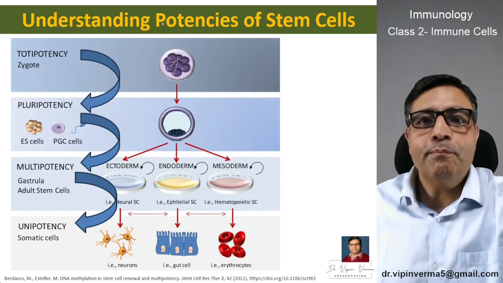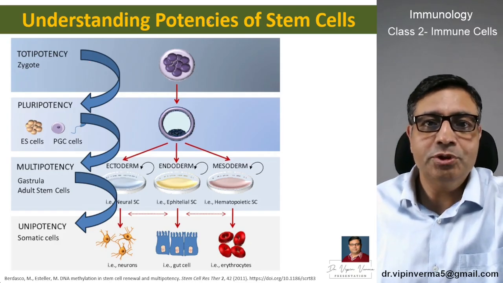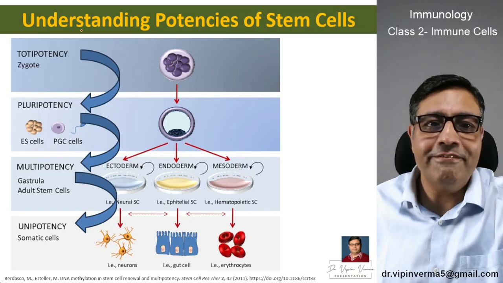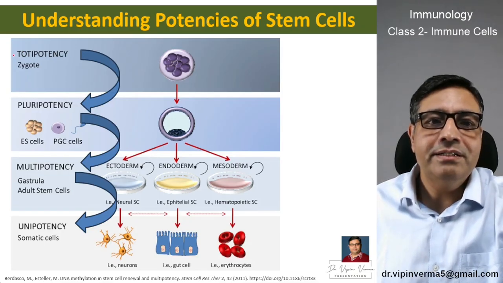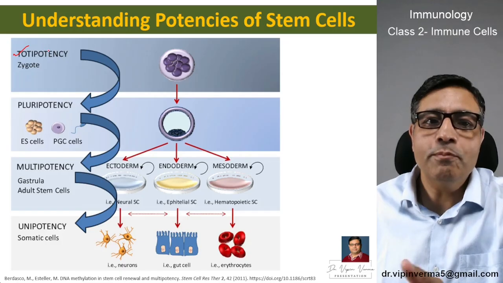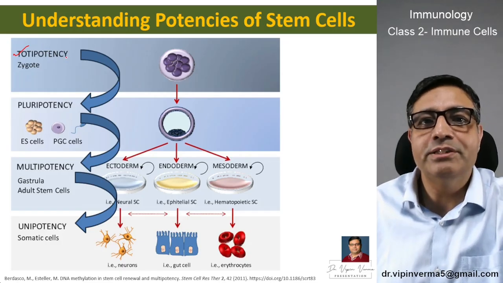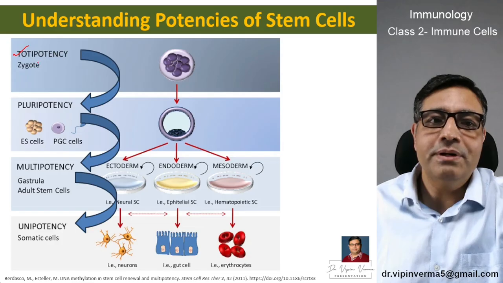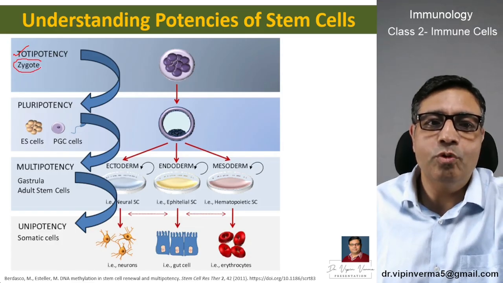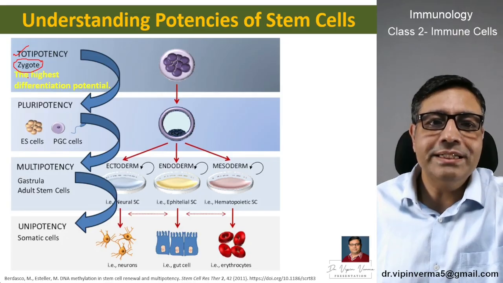Now, if we understand the potencies of the stem cells, because there are different potency levels, we will come with the term totipotency. Totipotency you must have heard, particularly it is used in plant cells, but here in animals we have the zygote, which is a totipotent cell, and totipotency is the highest differentiation potential.